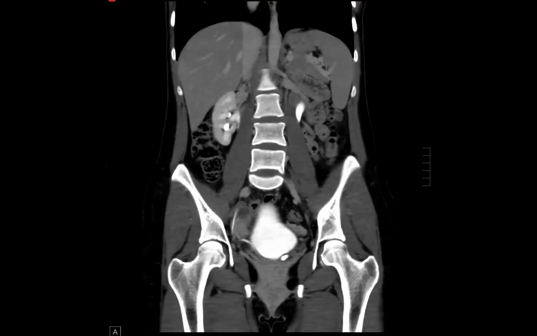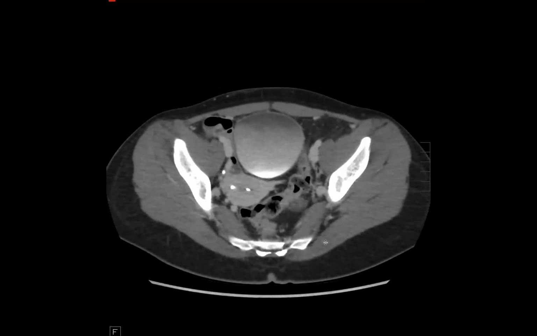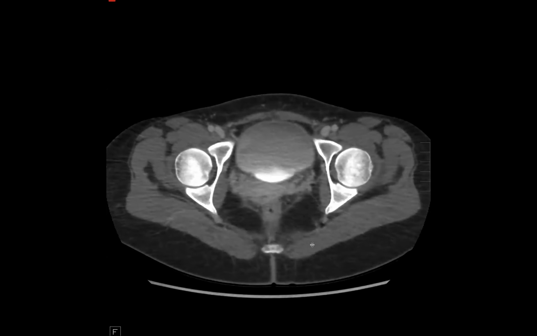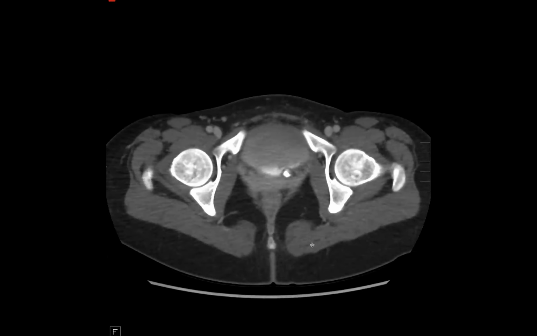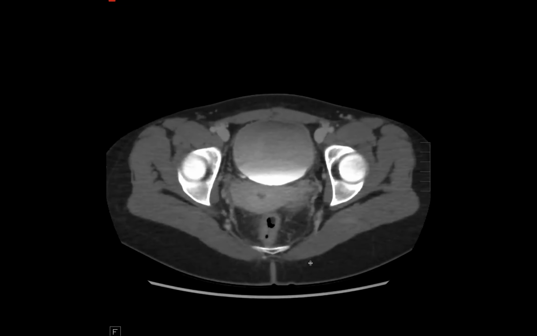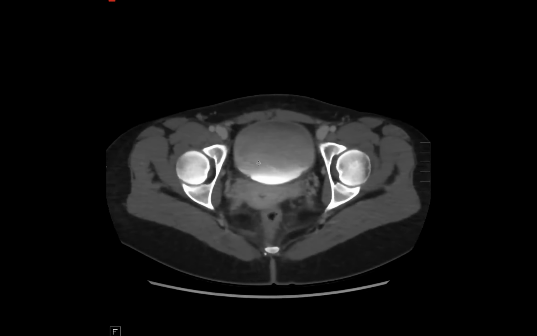Is it in a ureterocele? I think so, Aarti said ureterocele, right? Ureterocele, good. Okay, what's another consideration?